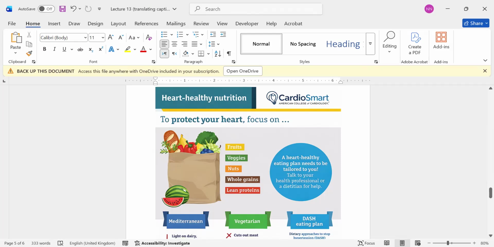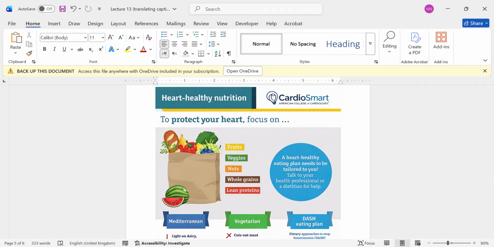Then it says talk to your health professional. تكلم مع in Arabic sounds awkward. Like talk to in English means consult with. So to talk to a doctor means to consult a doctor.